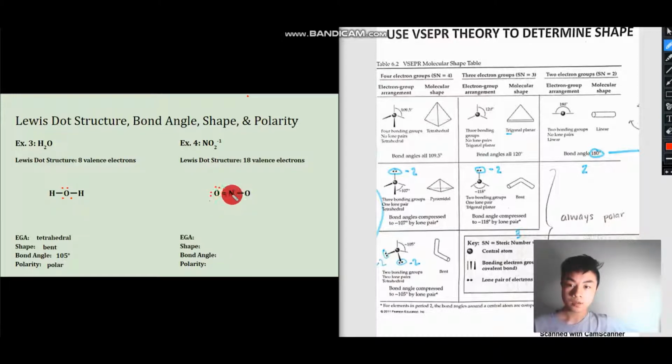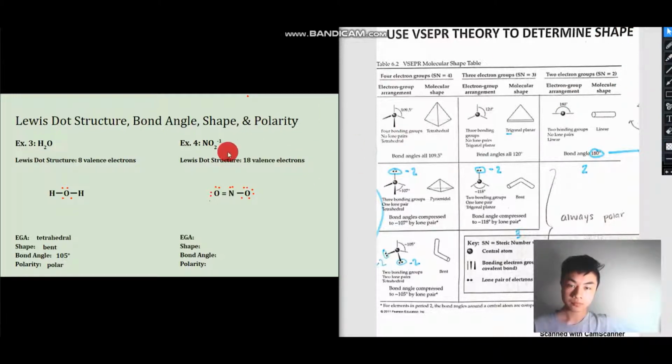And so we know that nitrogen has 2, 4, and 6. It has 6 electrons currently, so it needs 2 more to reach 8 to follow the octet rule. And now we have this last oxygen, and since it only has 2 valence electrons attached to it currently, it's going to need 4, 6, and 8 electrons total.